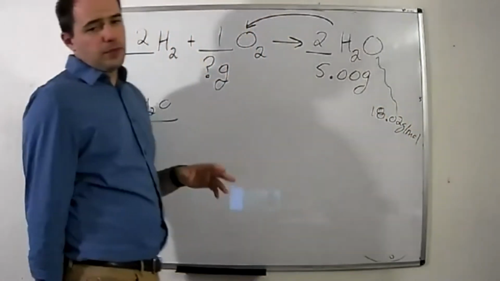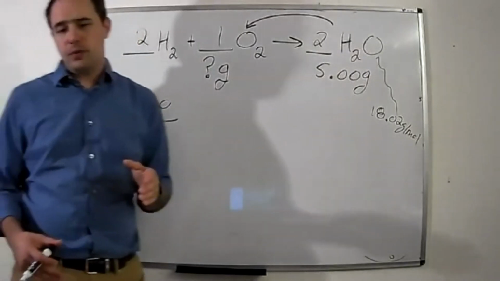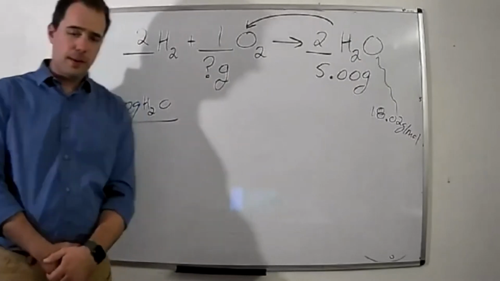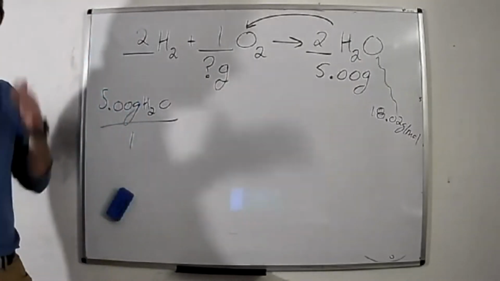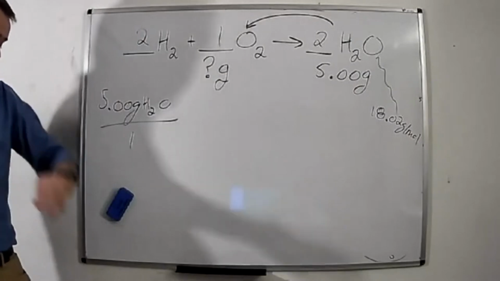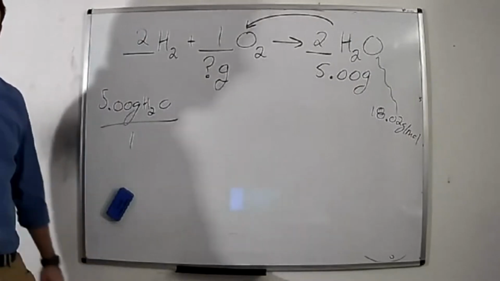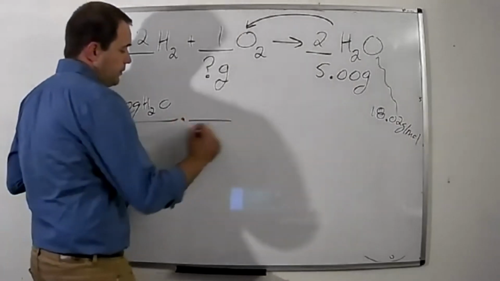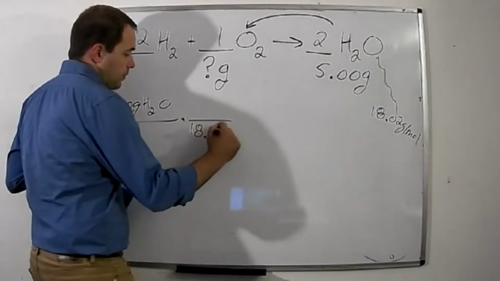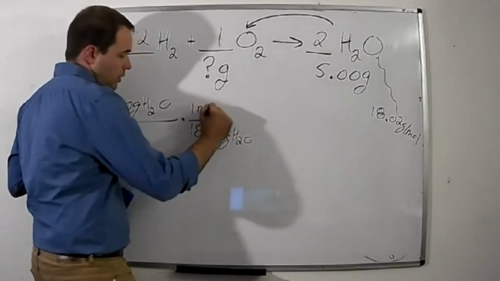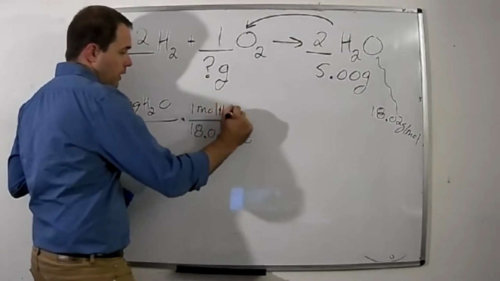Now I want you to think about, do I want to multiply by 18.02 or divide by 18.02? Take a second. Why don't you write the first step in there? Hopefully you figured out that you are going to want to divide by that. That's how we're going to get the grams to cancel out. So 18.02 grams of H2O are in a mole of H2O.